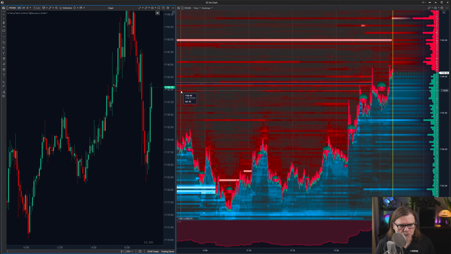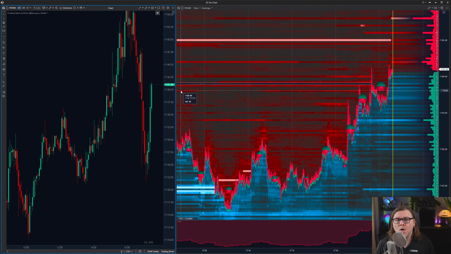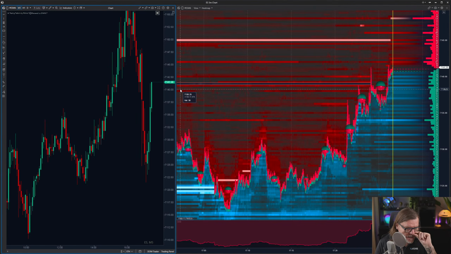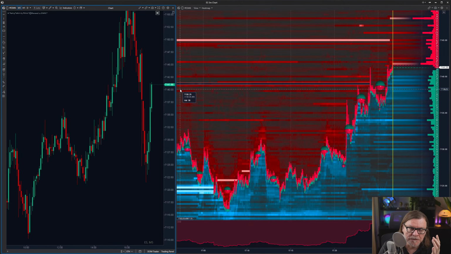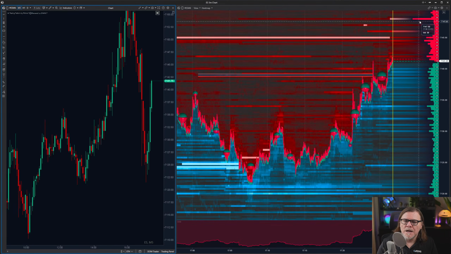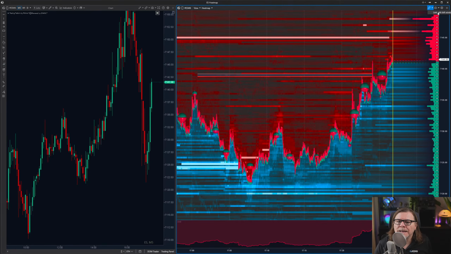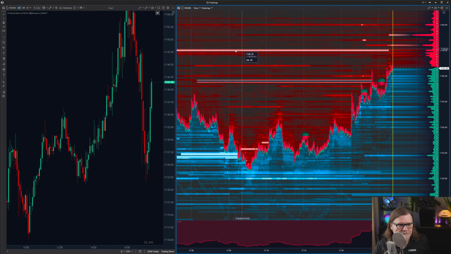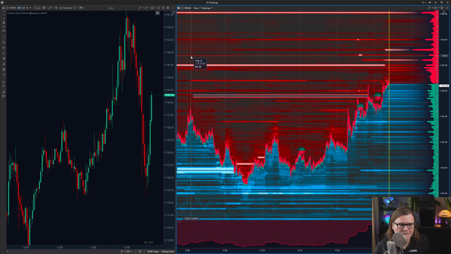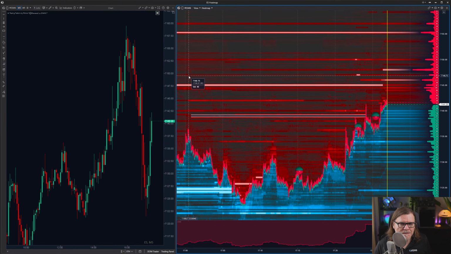I told you that currently it's not possible to draw on the heat map chart, but you can link the charts, and all of a sudden you start seeing the reasons for sharks placing the orders there. Look at that. I will click here at this icon. I will select link with left window, and now it's linked. And I will move that, and look at how it moves as well.